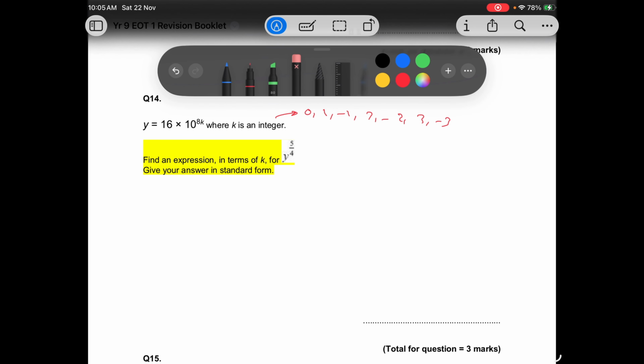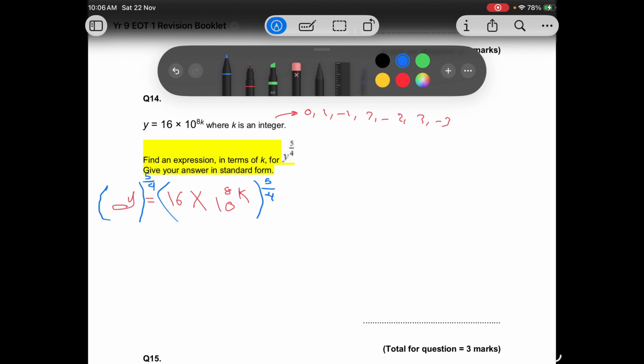So I will rewrite this given. I have here y equals 16 times 10 to the power of 8k. And here, guys, we have to raise both sides to the same power, 5 over 4. If I raise this side to the power of 5 over 4, I have to do the same with the other side, which is 5 over 4.